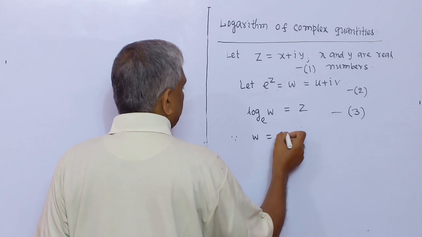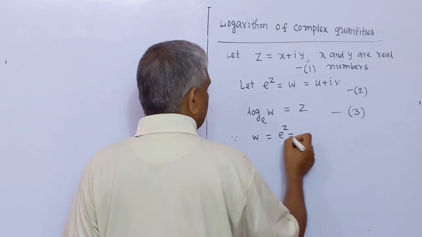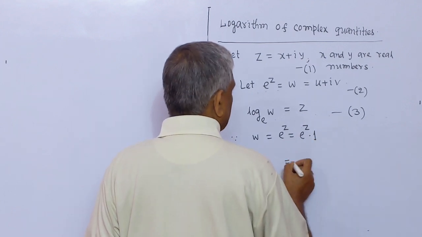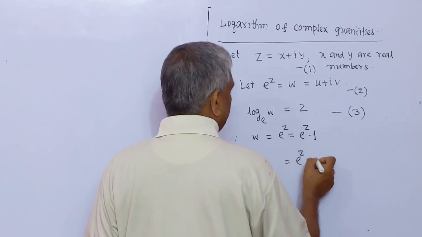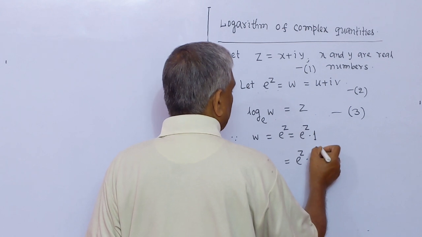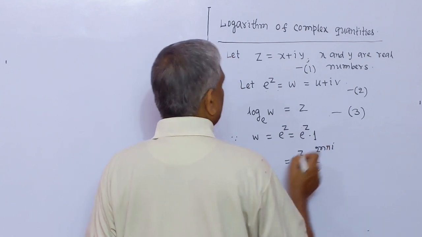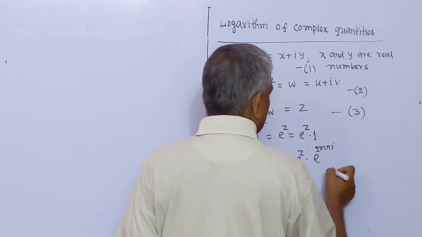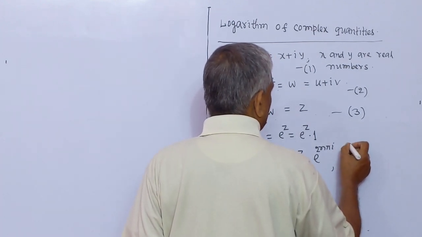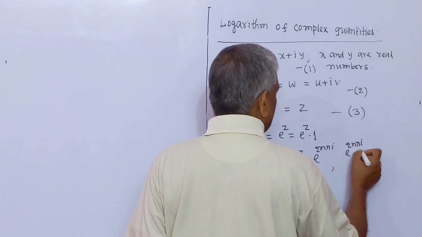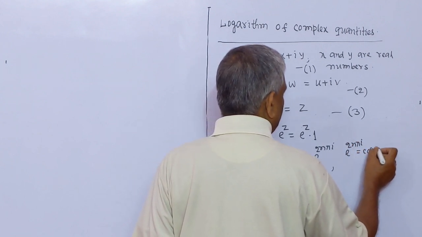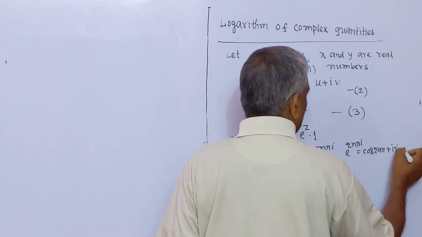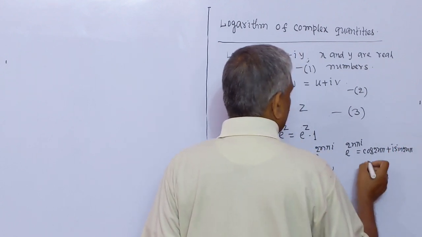Since w equal to e to the power z, we may write this as e to the power z multiplied by 1. This is equal to e to the power z multiplied by e to the power 2n pi i. In place of 1 we have written this because e to the power 2n pi i equals cos 2n pi plus i sin 2n pi.